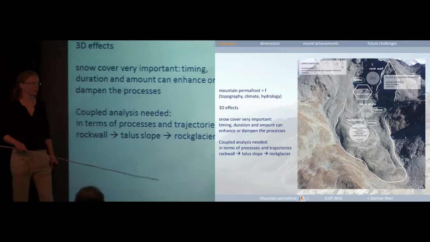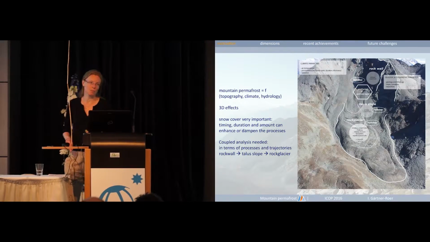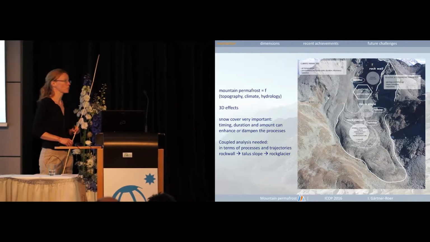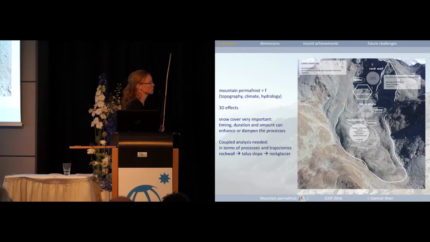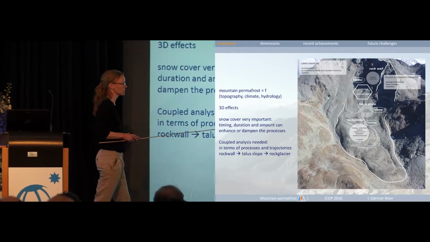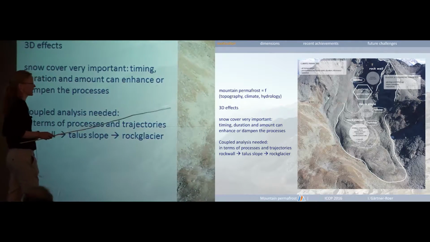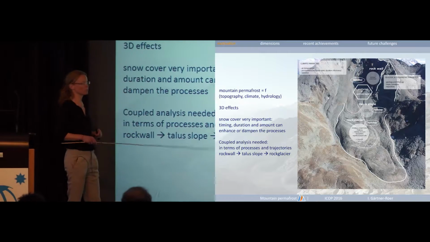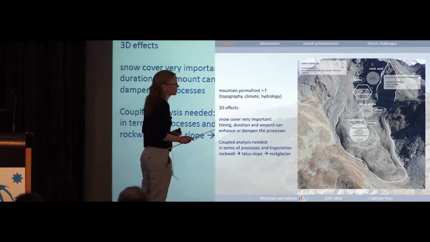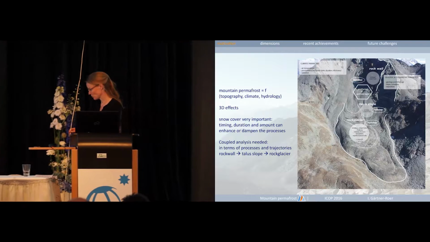We also heard in several talks, for example by Anna Haberkorn yesterday, that the snow cover is one of the most nervous interfaces in the system. The topography influences the extent, the duration, and the thickness of the snow during wintertime, and this very much influences the occurrence of permafrost and its spatial heterogeneity.